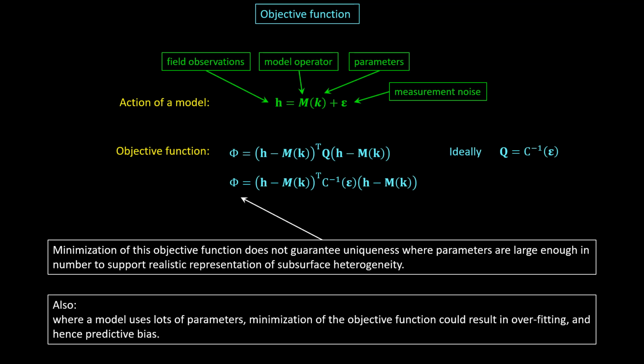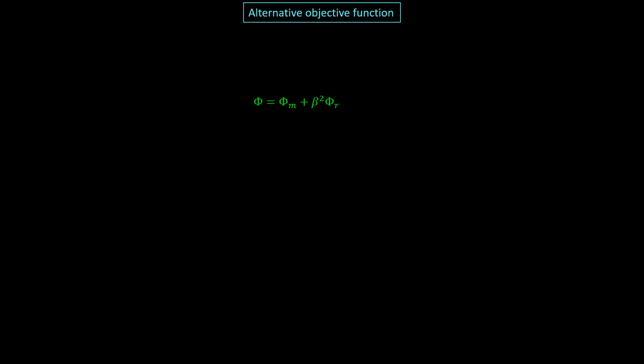So now let's add regularization. When we add Tikhonov regularization, we actually still minimize an objective function, but that objective function now has two components. I'm going to call those components the measurement objective function and the regularization objective function, phi m and phi r. And we normally multiply the regularization objective function by a factor beta squared. PEST determines what this is.